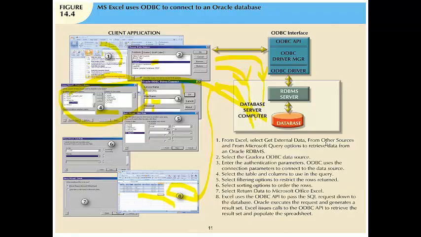So that gives you sort of an idea of what the middleware does, what the ODBC is about, which is connecting to the actual database. These things are all part of the wizard.